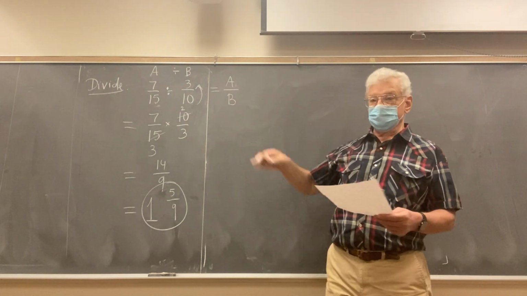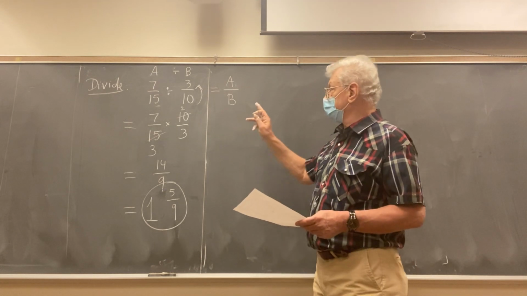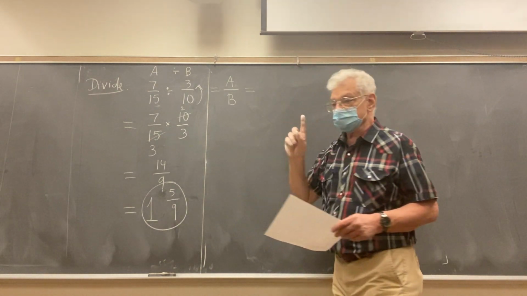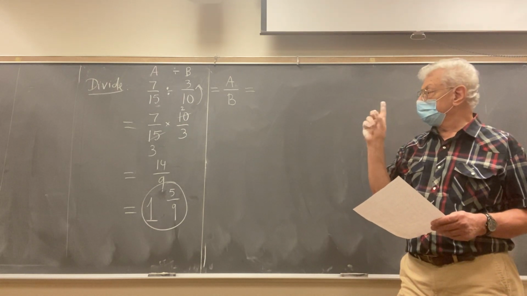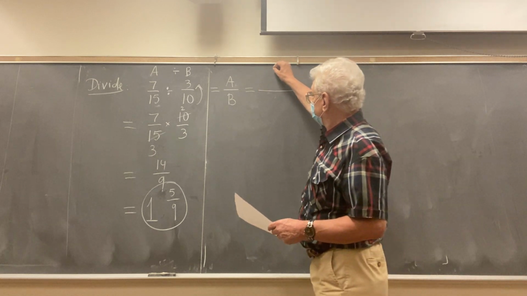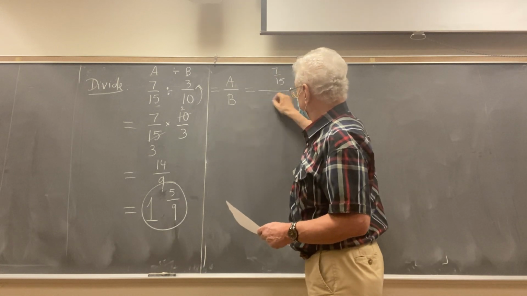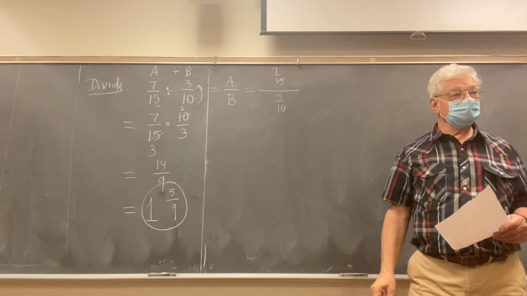If A and B are integers, it's clear. But now we have to deal with fractions. So this could be written as follows. That's why I asked you to write the bar, the main bar between the equality sign. So like here. And write 7/15 on the top, which is A, and 3/10 below.